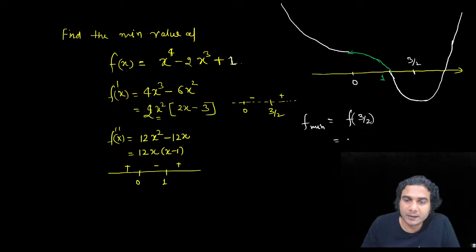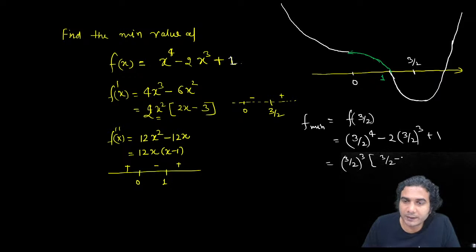You can calculate that: it's (3/2)^4 - 2(3/2)^3 + 1. Take (3/2)^3 common, and it is going to be (3/2 - 2) + 1, so it becomes minus 1/2 times (3/2)^3, plus 1.